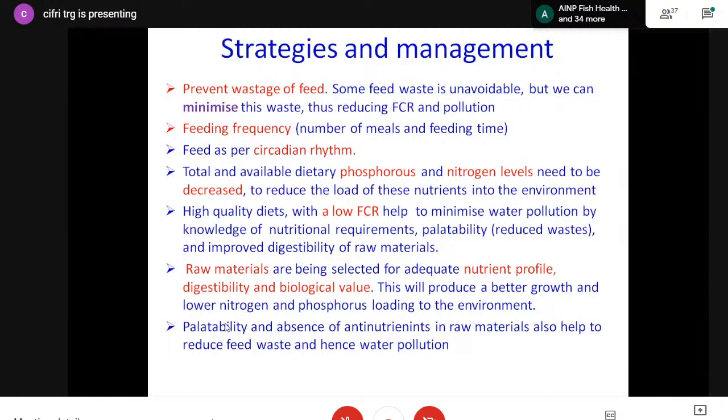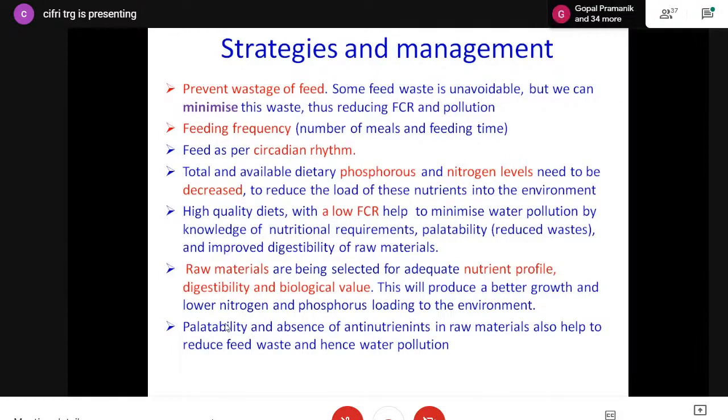I have already discussed the FCR, how it improves growth and water quality in the system. And when we select raw materials for formulating our feed, that is a very important aspect of feed formulation. It ensures both the cost effectiveness of the feed and its nutrient content, its digestibility, and the required amount of nutrient from that particular ingredient.